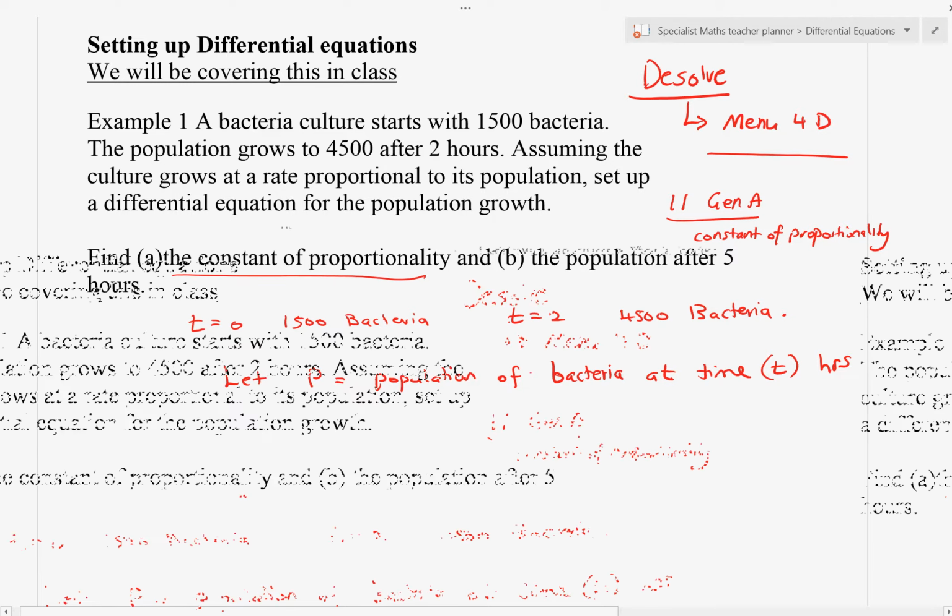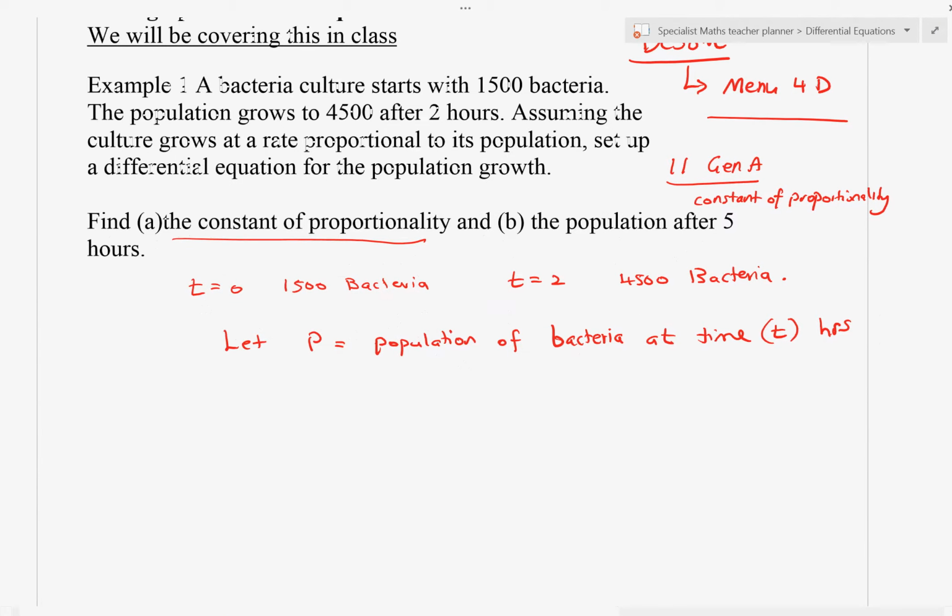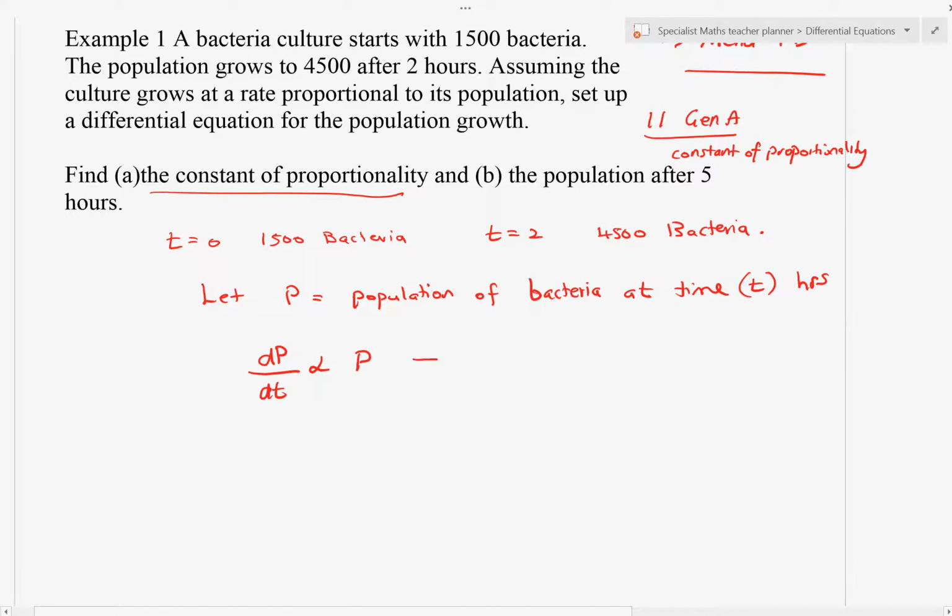Now, therefore, we know that the rate at which the population is changing, dP/dt, is proportional to P. Now, if it's proportional to P, wouldn't there be some constant? So therefore we can say that dP/dt is equal to kP.